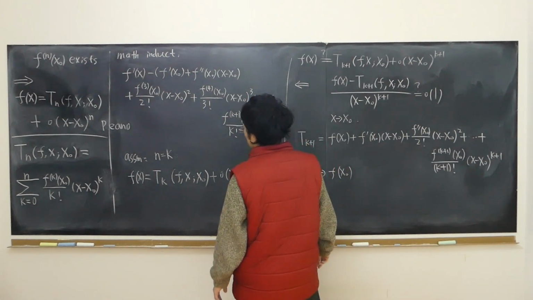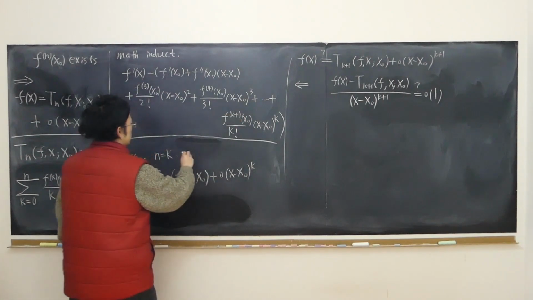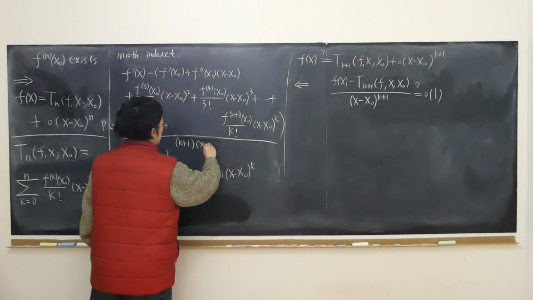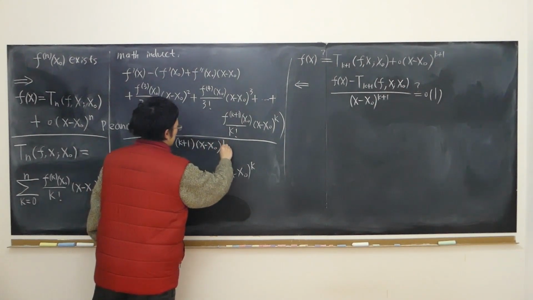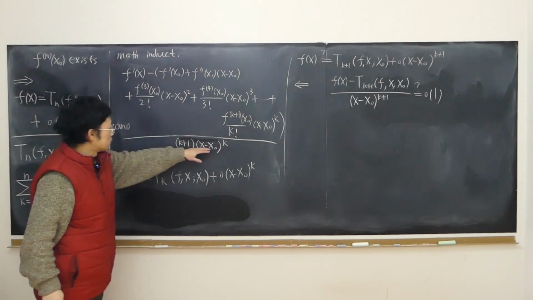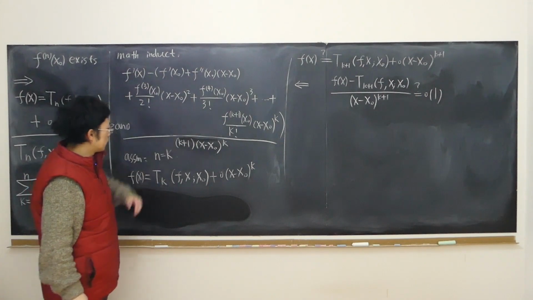This at the top. At the bottom, what do I have? So what's the derivative of the bottom? Right? So k plus 1 times (x minus x naught) to the power of k, right? So this is my numerator, this is my denominator. I find out the limit of this whole thing.